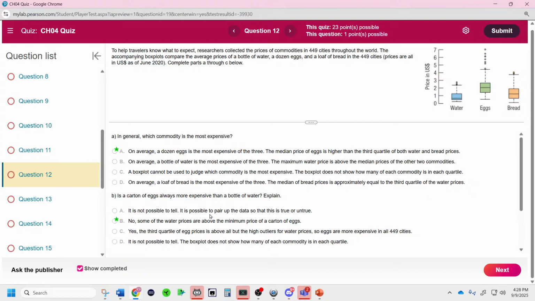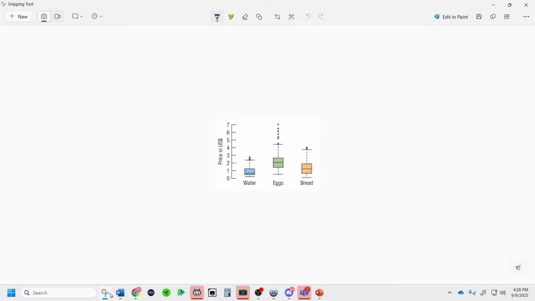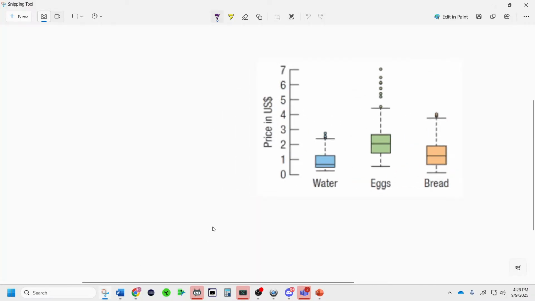Some of the water prices are above the minimum price of egg cartons. So they're asking, is every egg price above every water price? And no, you do have prices down below. It's just a weirder way of asking.